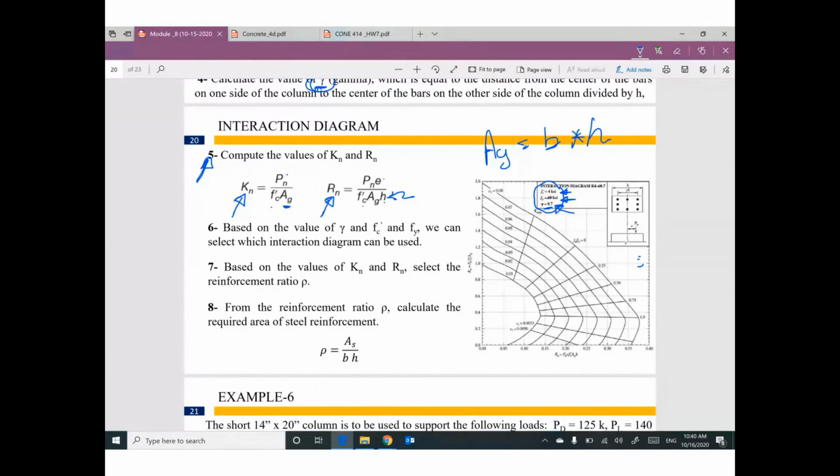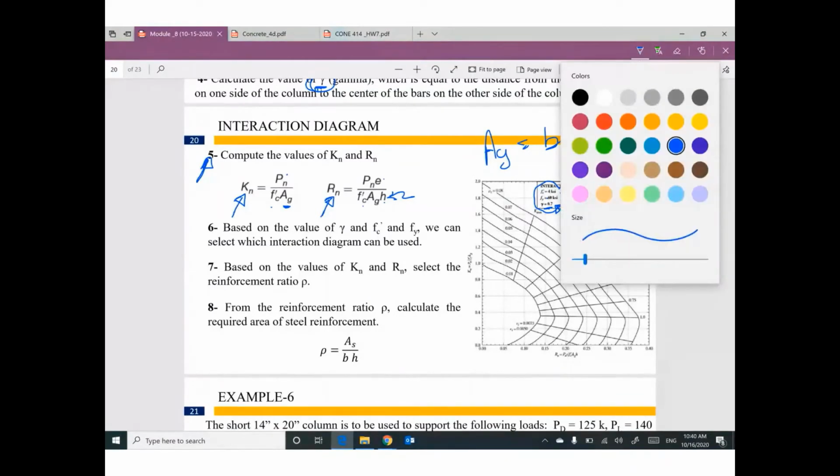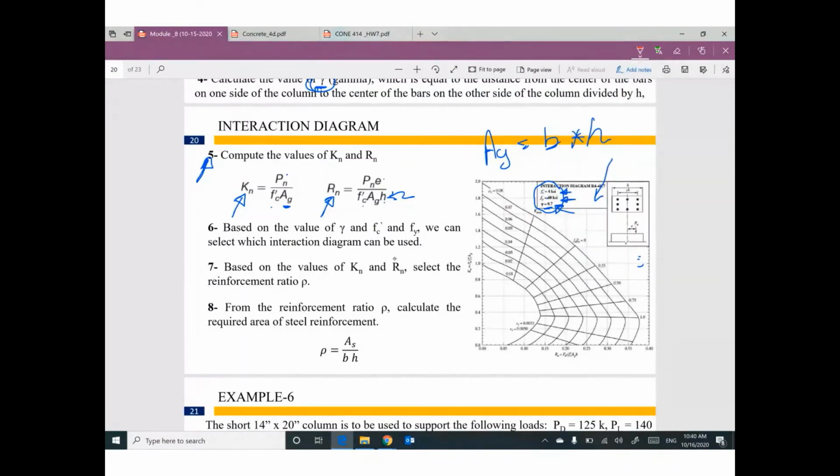Okay, I selected the correct one. What should I do? Nothing. You are almost done. What is the value of Rn here? Please figure it out, for example, this value. Then what is the value of Kn? This value, put it here.